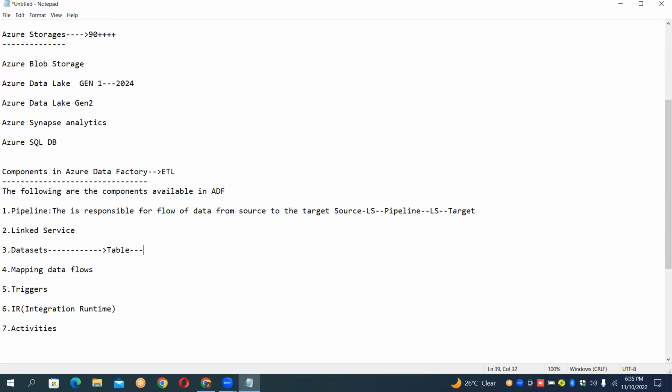A table is a collection of rows and columns. In the same way, this table in ADF is called a data set. And these data sets are the collection of what?